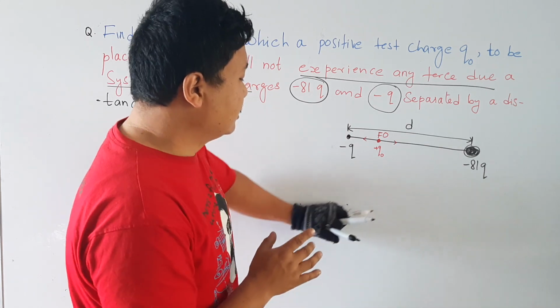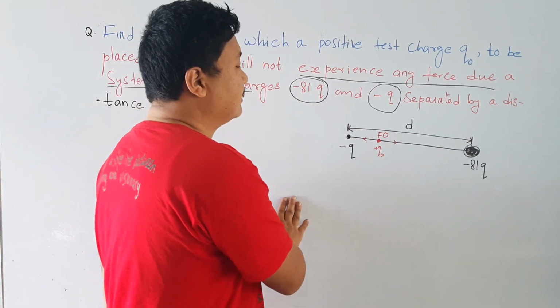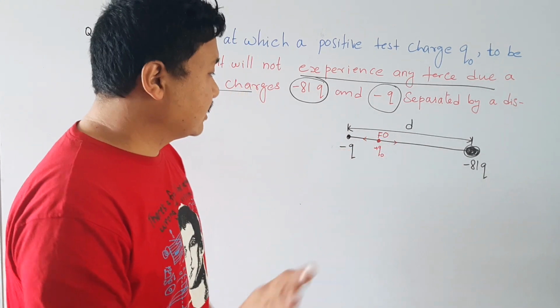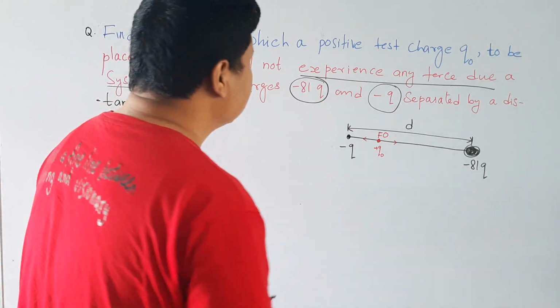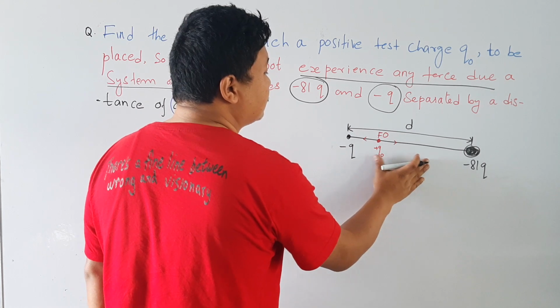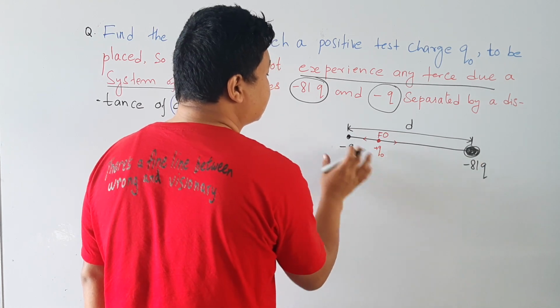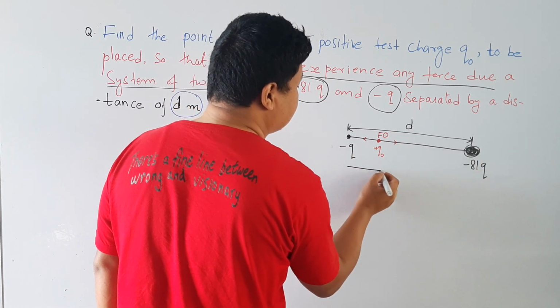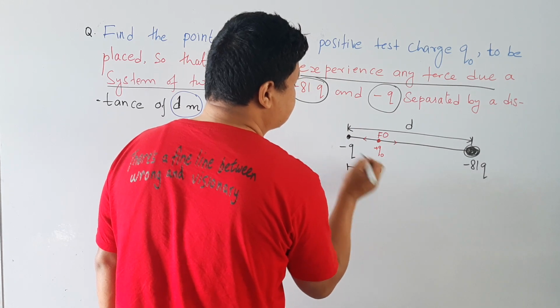If you want the detail of this theory, then you can always comment to me. So the point should be outside, between the two charges, near this. So let this distance here be x.